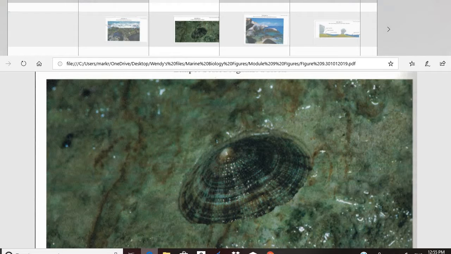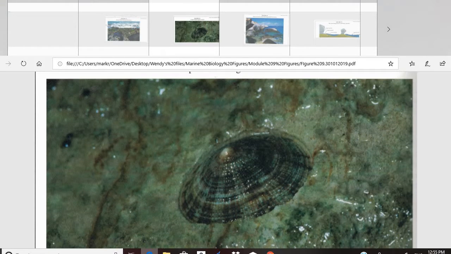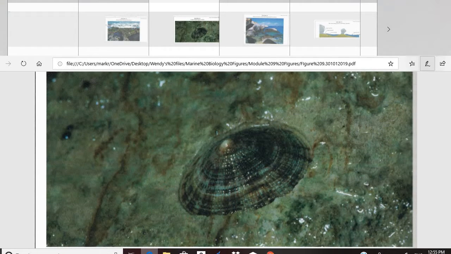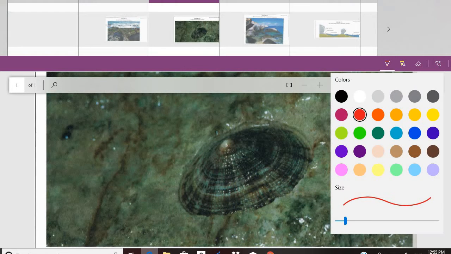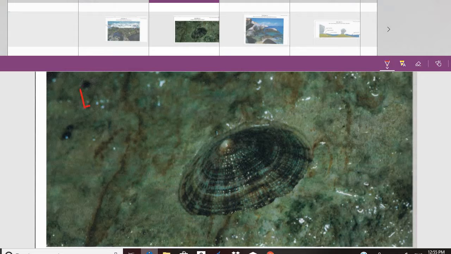This organism is called a limpet. What the limpet can do is seal itself against a rock and trap moisture underneath it. That makes it more likely to survive during a dry period.